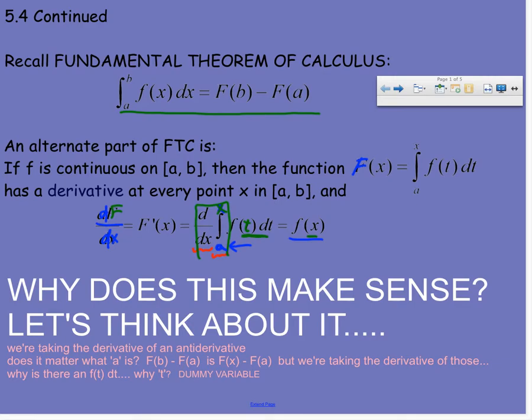I'm going to use this terminology later: we take this x and we dump it in, into whatever variable is there. It doesn't matter if it's an r dr or a theta d theta. So that t isn't going to make a difference, and hopefully you'll see that as we do some examples. All right, so we've got the fundamental theorem of calculus. I'm going to erase all this mess I wrote on the board.